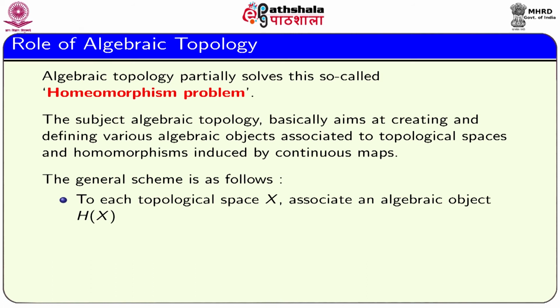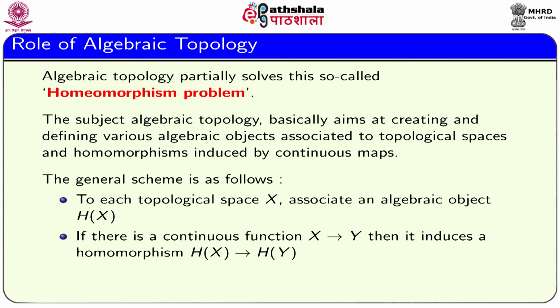To each topological space X, associate an algebraic object Hx. If there is a continuous function from X to Y, where X and Y are topological spaces, then that continuous function induces a homomorphism between Hx and Hy.